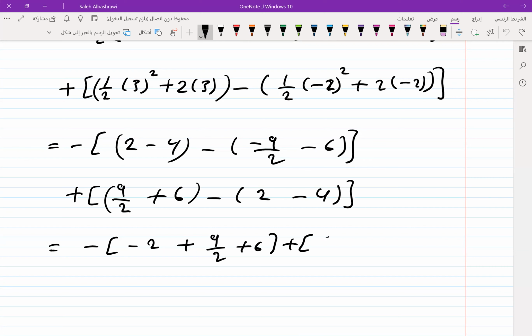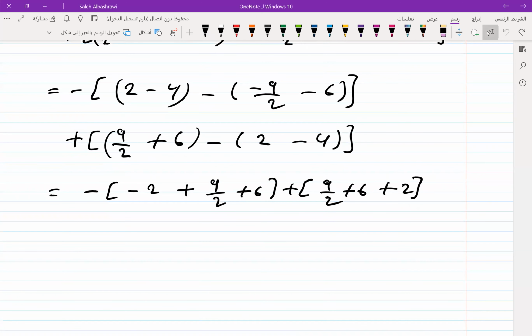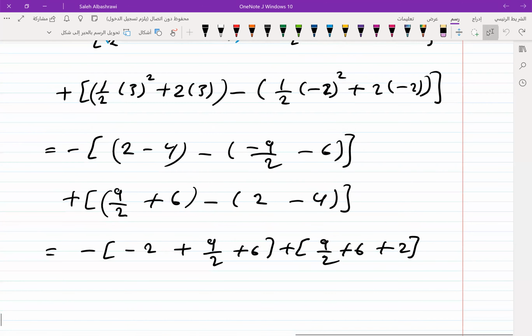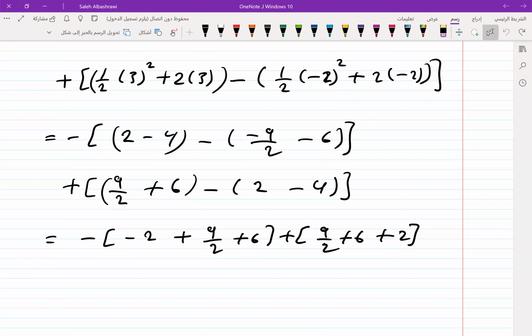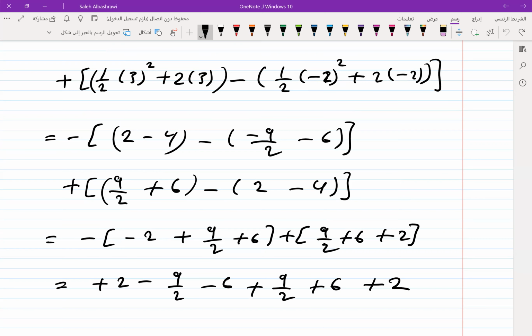Plus the second one, 9 over 2 plus 6 plus 2.